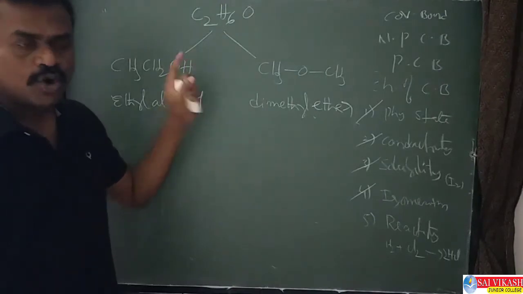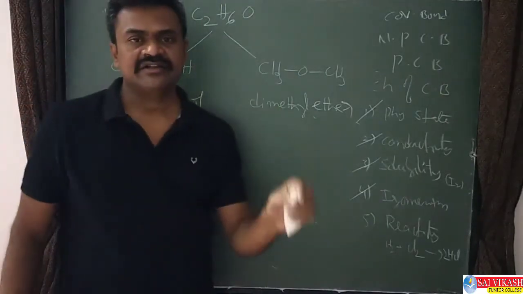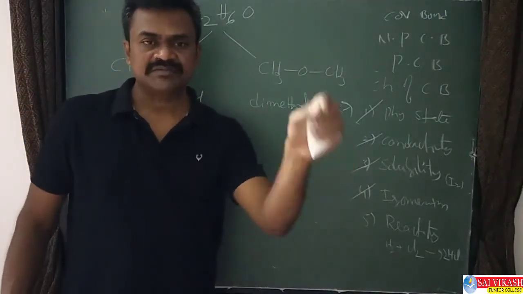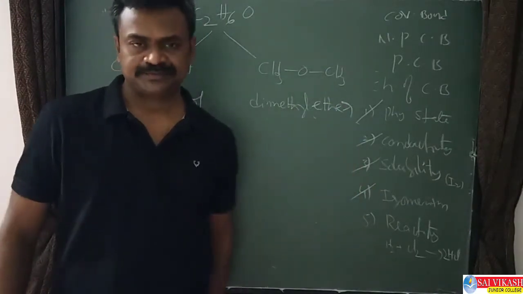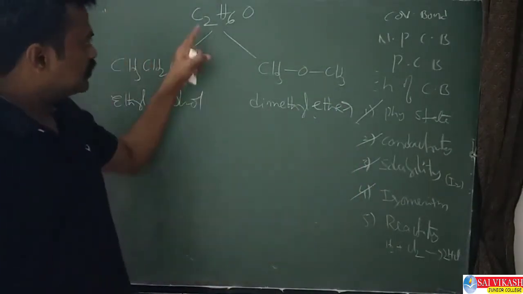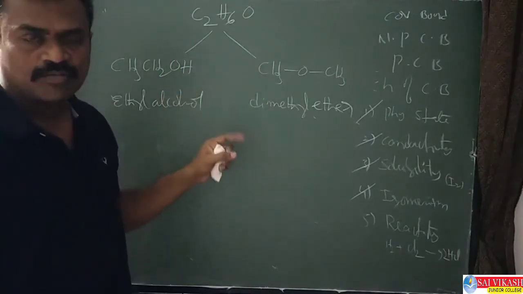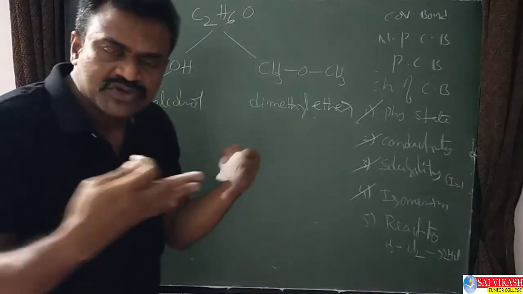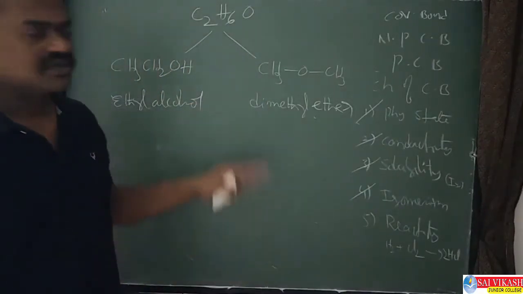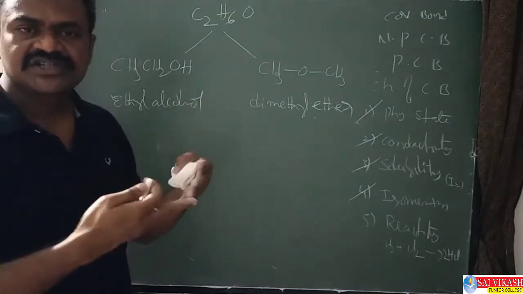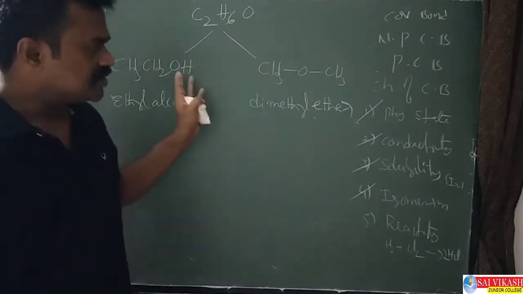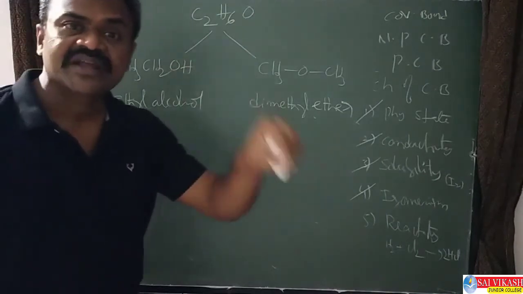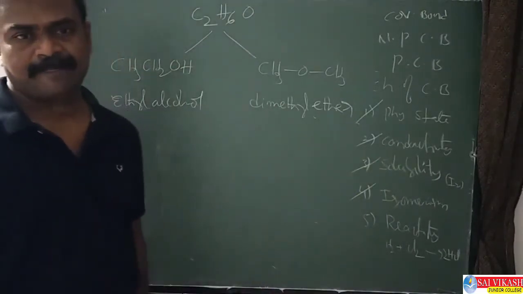So the covalent compounds are involved in isomerism. This is the point I want to tell you. These are all covalent compounds, meaning all the bonds are formed by mutual sharing of electrons. That is why they are involved in isomerism.